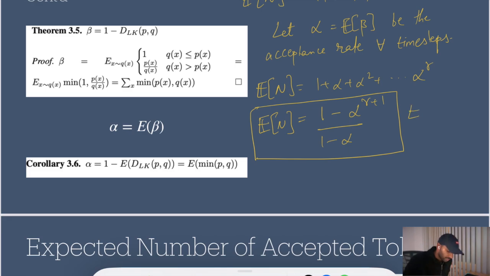So E of n is going to be greater than or equal to 1. It's going to be 1 in the case when alpha is 0, and it's going to be strictly greater than 1 for any other alpha, no matter how small it is.